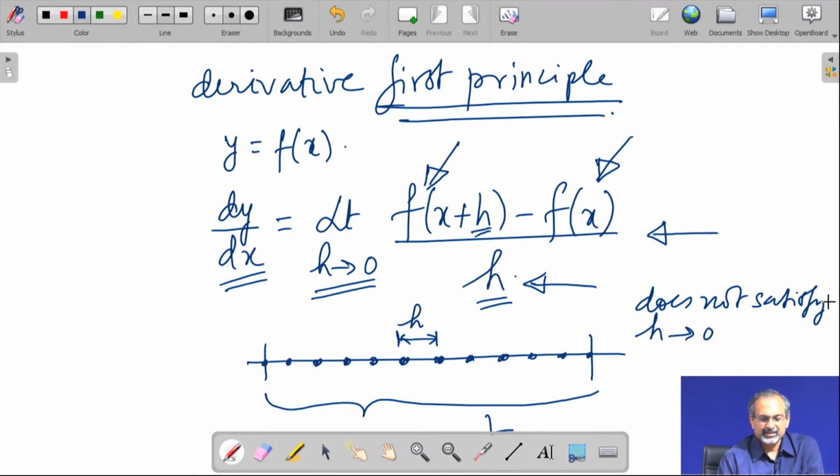If it did, then these gaps would have to be made extremely small, and then you would have to put in almost infinitely large number of points to fill up that finite length L. That is what we essentially do when we calculate the derivative exactly.